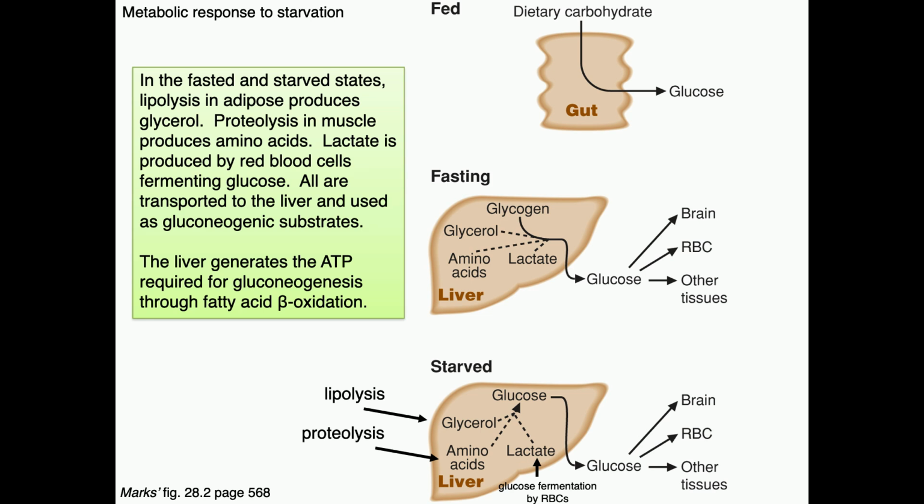So if you consider the different substrates that can be gluconeogenic, there's proteolysis, or breaking down muscle and organ protein to provide amino acids for gluconeogenesis. As I mentioned earlier, that's not sustainable long term.